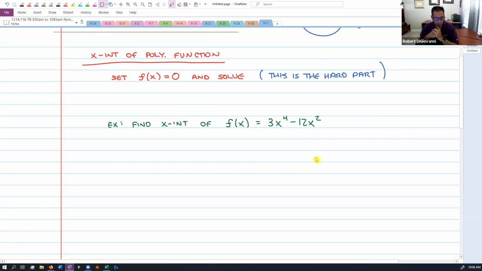Okay, so if we want to find the x-intercepts of this, according to what I said here, we just need to take the function and set it equal to 0. So I'm going to take 3x to the 4th minus 12x squared, set that equal to 0 and solve. Here's where we do not have a quadratic formula now, right?